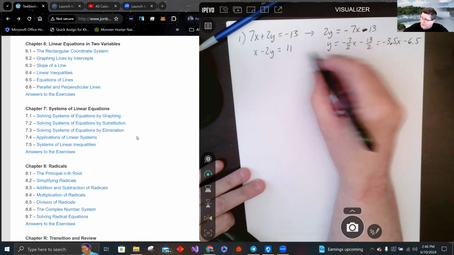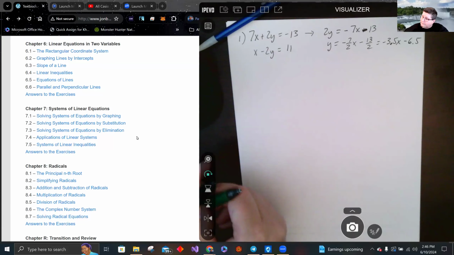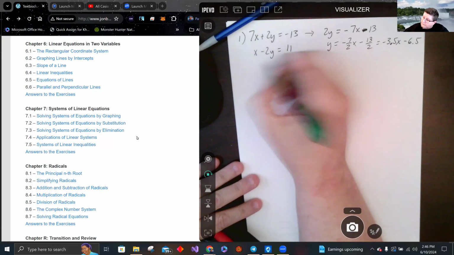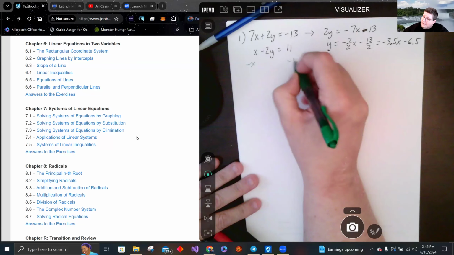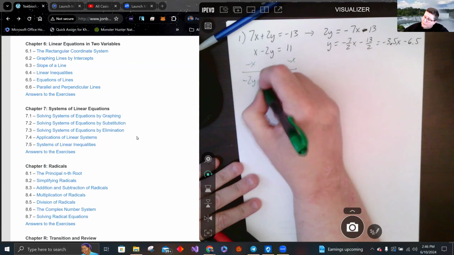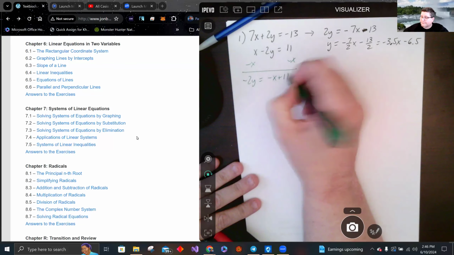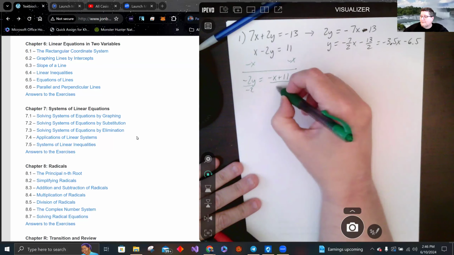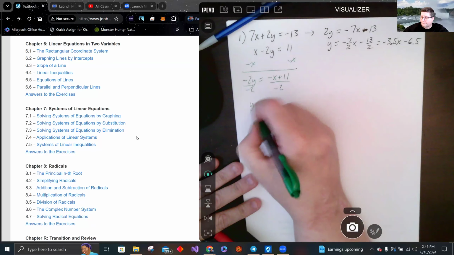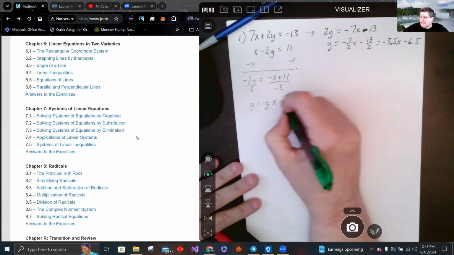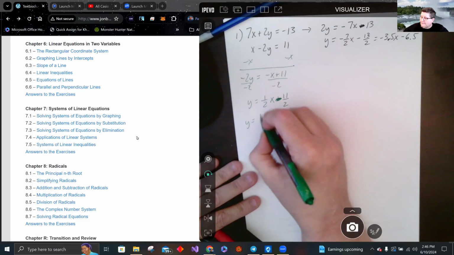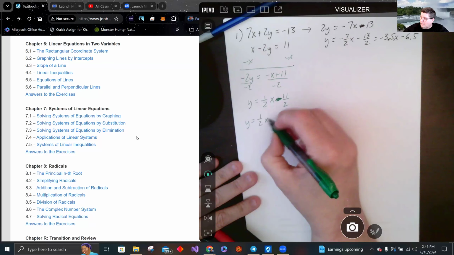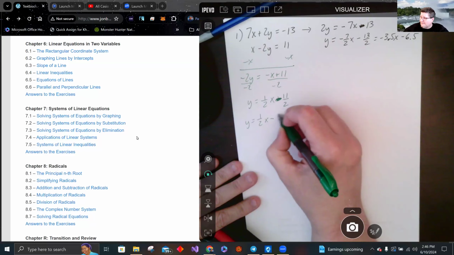If I do this one, subtract x, we've got negative 2y equals negative x plus 11. Divide by negative 2. Y equals 1/2 x minus 11 halves. And this is y equals 1/2 x minus 5 1/2.